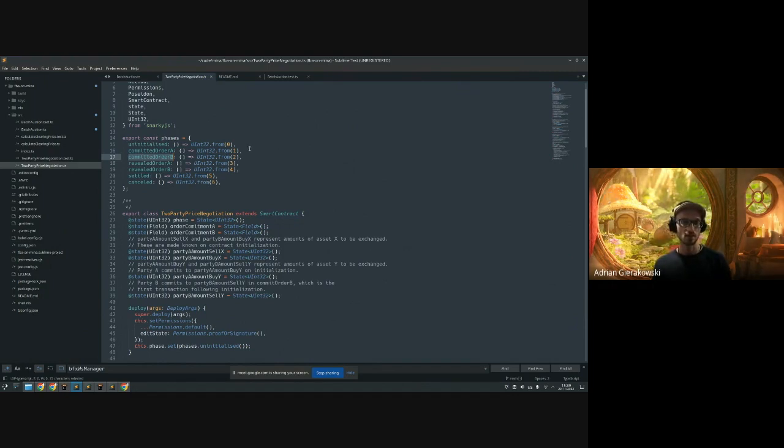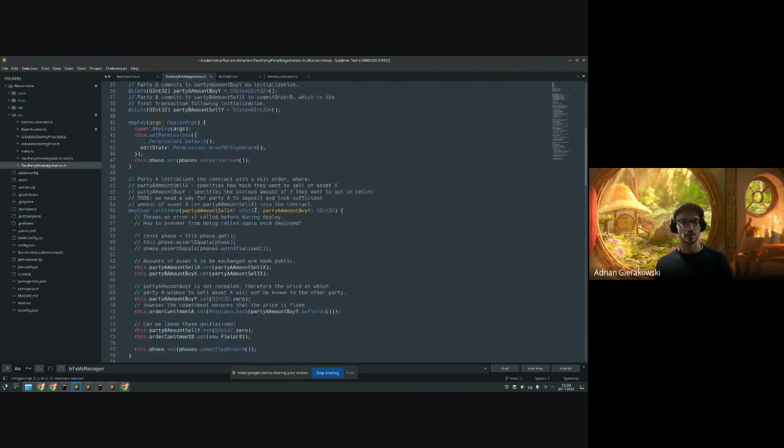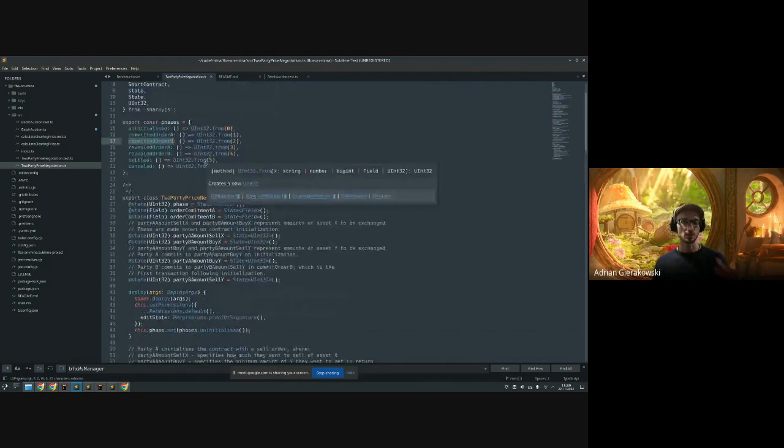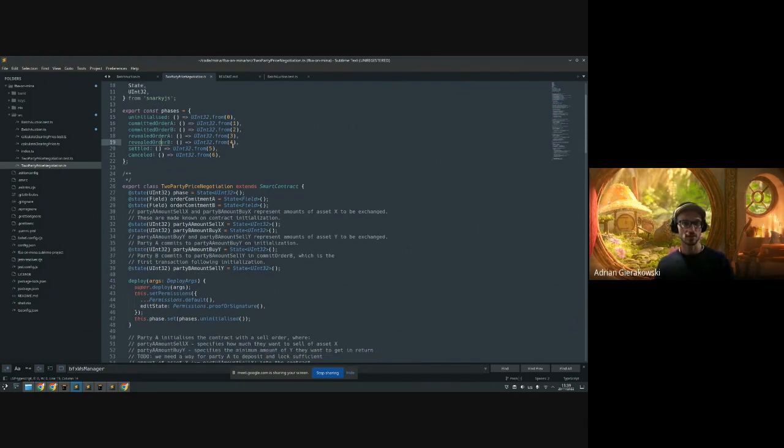To be honest, it could probably be made public straight away, but I just kept this commit and reveal for both parties. The contract enforces that at each step, there's only one possible state transition. So after commitment A, you need to commit B, and then A has to reveal and B has to reveal. You could theoretically have A and B reveal in any order, but this was just for simplicity.